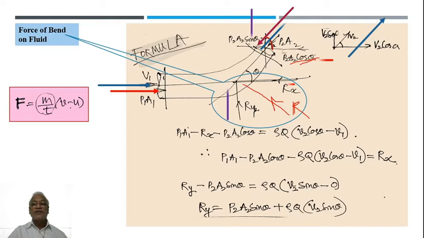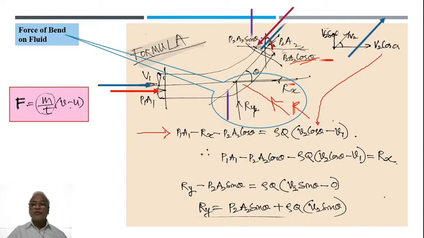So all x direction forces is equal to mass rate of flow, which is rho into Q, times the change in velocity, that is final velocity. Now we are talking in the x direction, right? So final velocity is V2 cos theta, meaning after the bend the velocity in the x direction is V2 cos theta. The original velocity was V1, so minus V1.